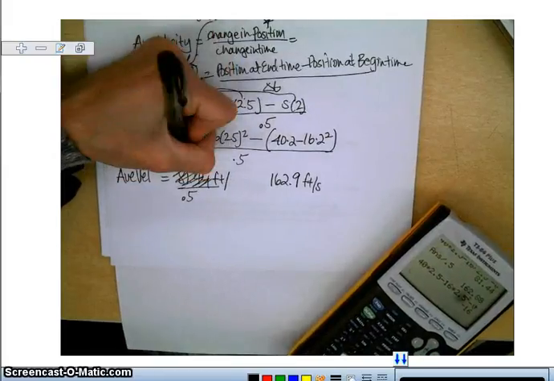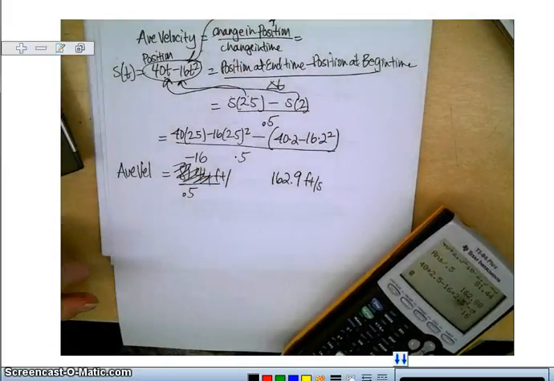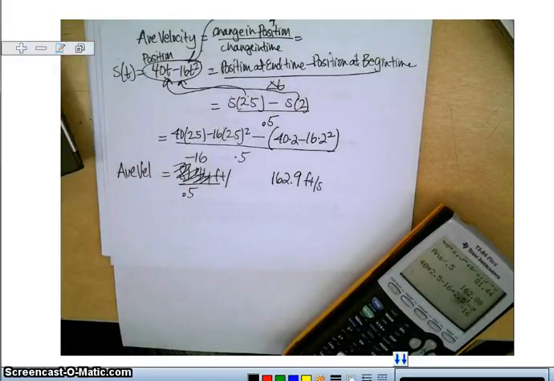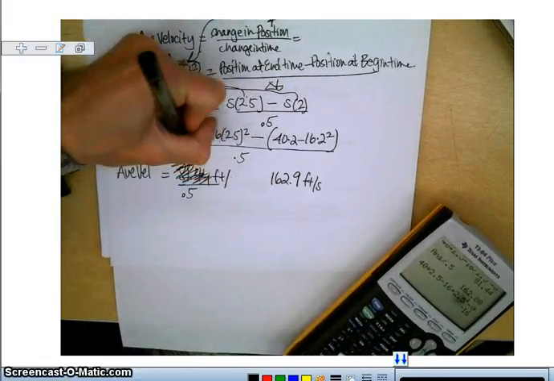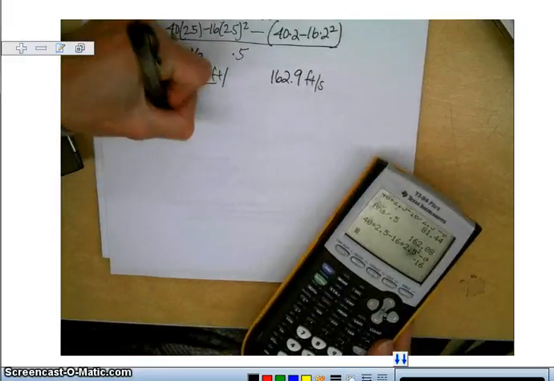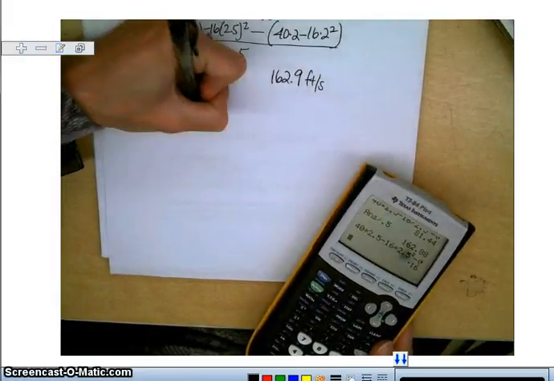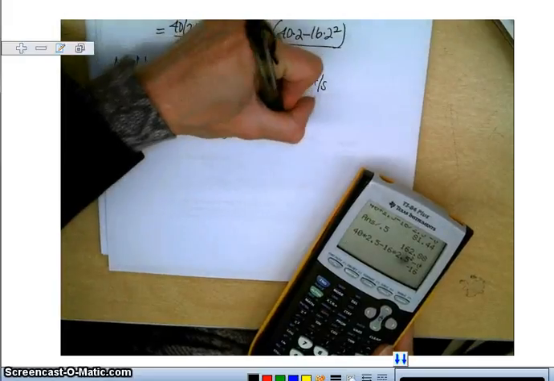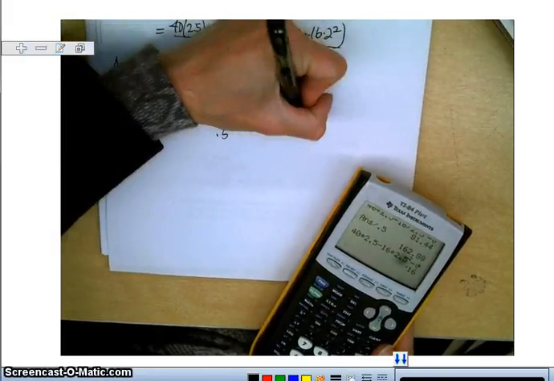That should be negative 16. Right here, when I was punching it in, I hit the divide instead of times button. So negative 16. So the average velocity is equal to negative 16 divided by 0.5, or negative 32 feet per second.